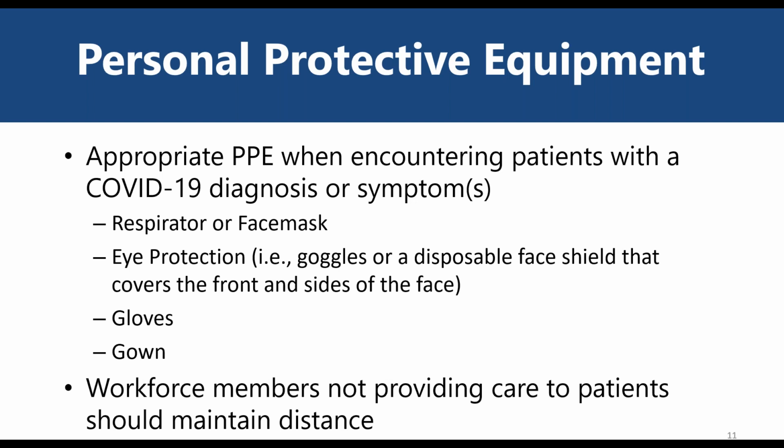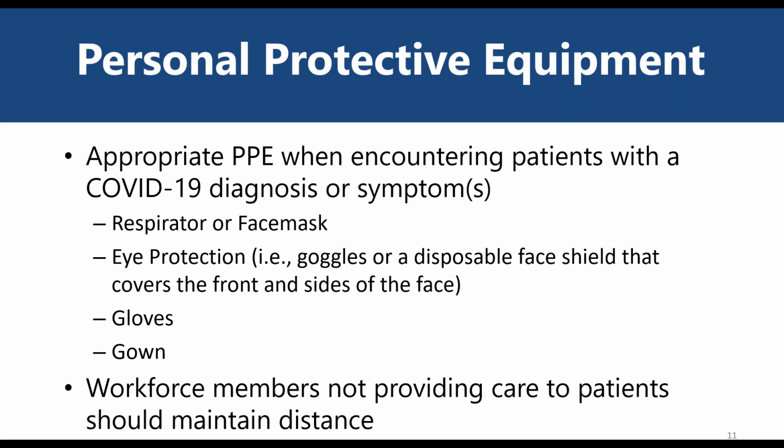The next probably hot button item that we hear the most about is PPE and how to manage it in a crisis situation. During the pandemic with the shortages, there have been a lot of considerations that employees have had to consider, for the essential workforce and different things. So part of that was determining what is actually appropriate PPE for COVID-19, particularly with patients who have the diagnosis or symptoms of it.